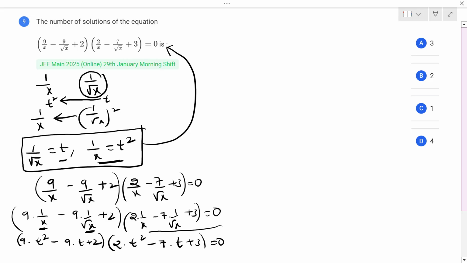So it completely got converted into a quadratic equation times a quadratic equation equal to 0. First term is quadratic equation 1, second term is quadratic equation 2.